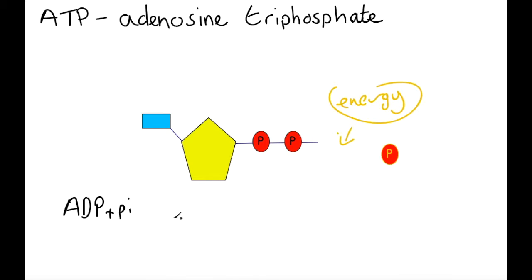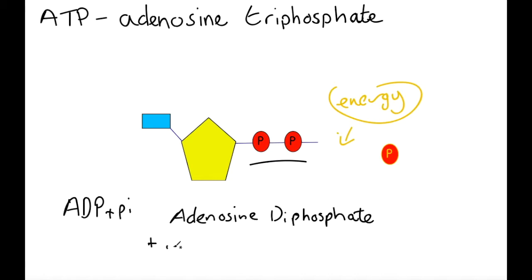Okay, so I'll just write that down. Adenosine diphosphate, plus, because the di is obviously these two phosphates, plus an inorganic phosphate, which is this.